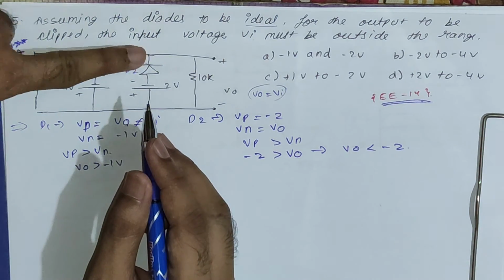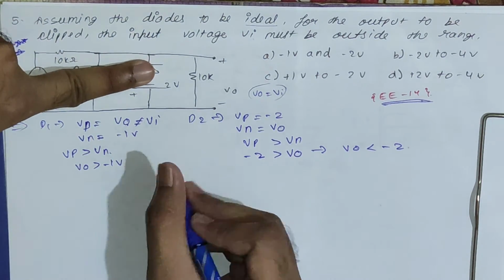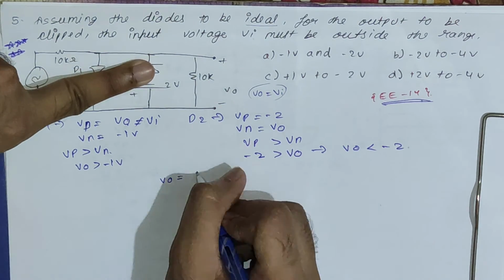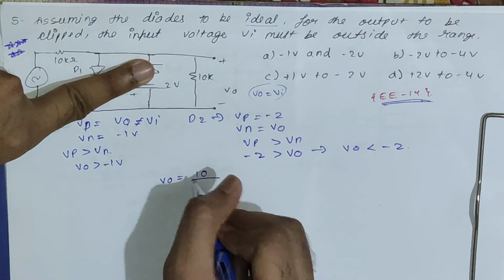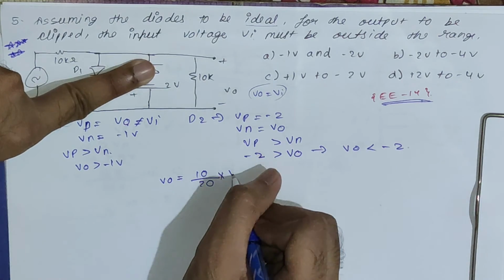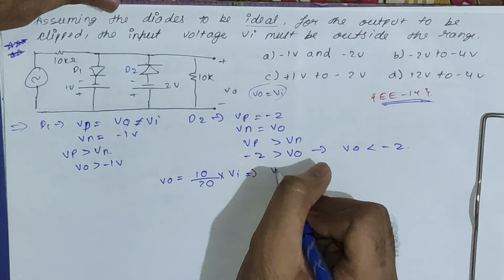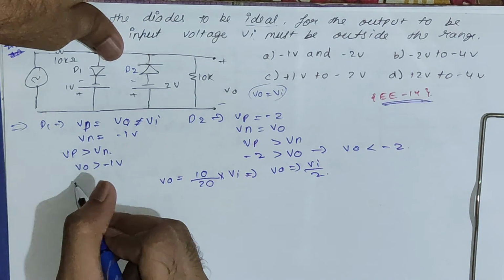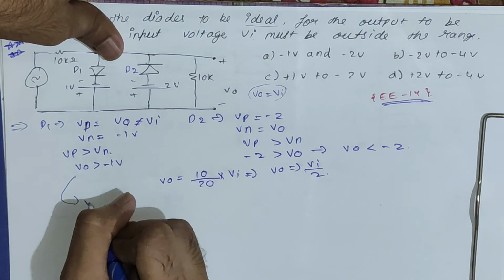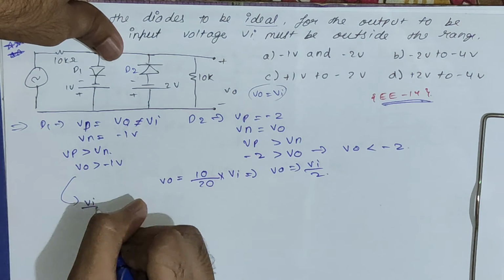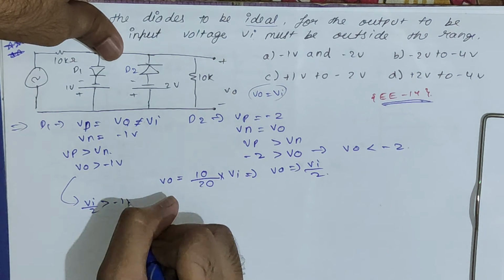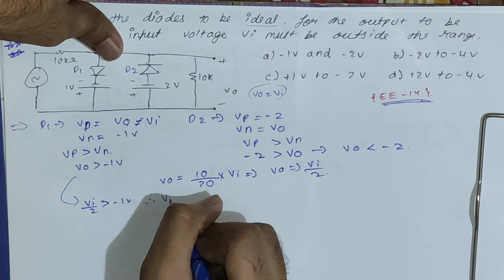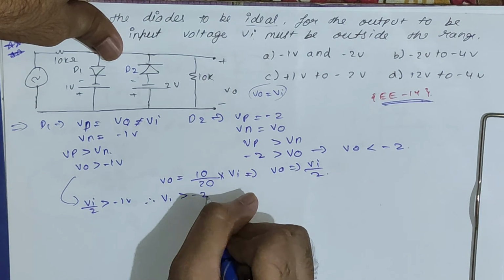If you open both of these diodes, Vo is nothing but 10k upon 10k plus 10k, which is 10 upon 20 into Vi. So Vo is nothing but Vi by 2. The condition becomes Vi by 2 greater than minus 1 volt, so Vi will be greater than minus 2 volt.